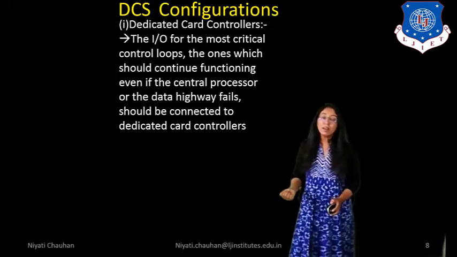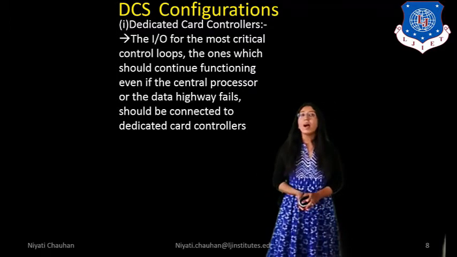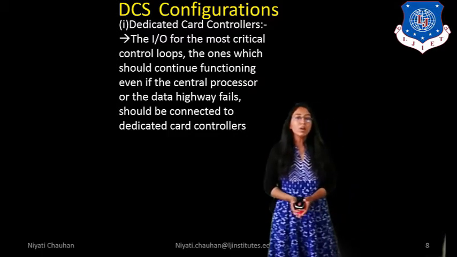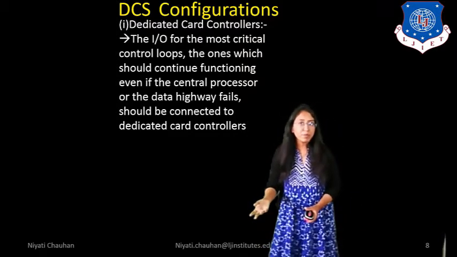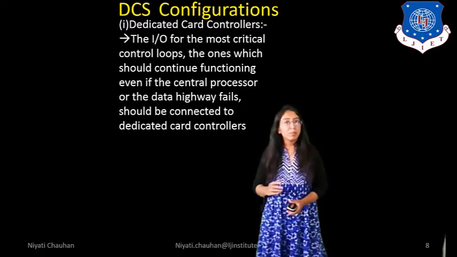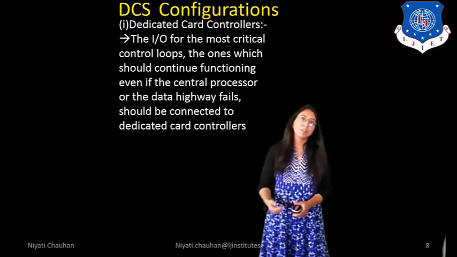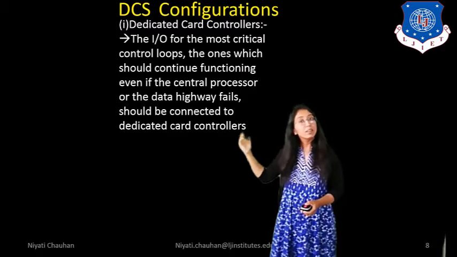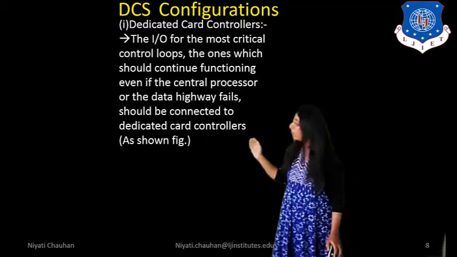Here our control loops are connected with the dedicated card controller. So even if the data highway and central processor fail, our process continues because the control loops are in the dedicated card controller, as shown in the figure.